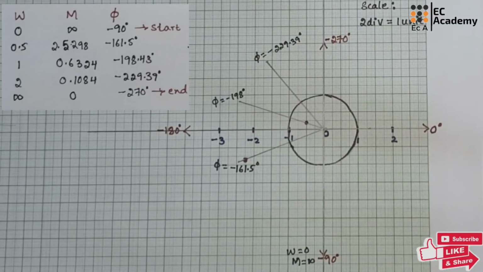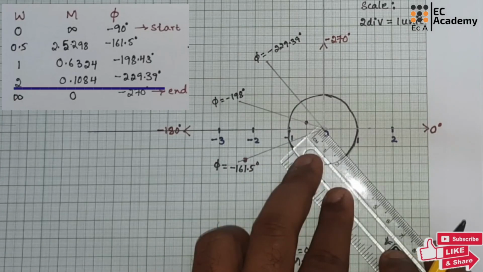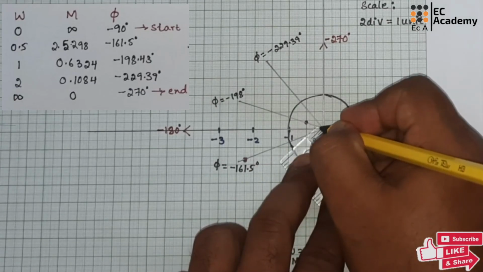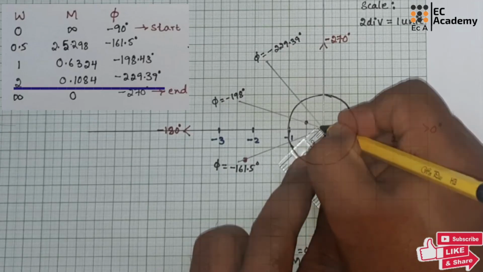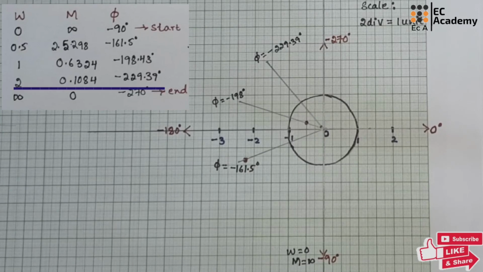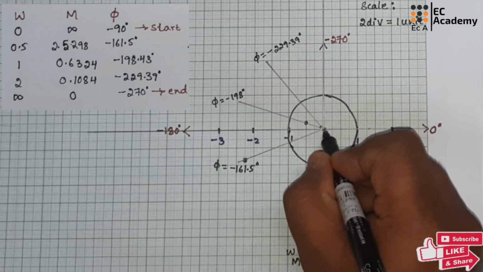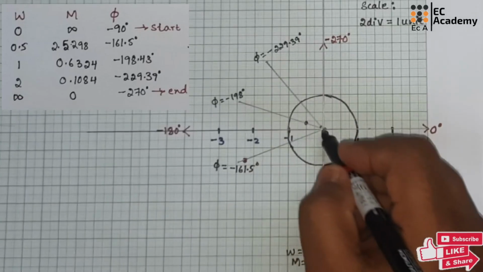On this line we need to mark the magnitude, which is approximately 0.1084. So 0.1084 multiplied with 1.8 centimeter gives approximately 0.2 on this tangent line. Let us mark that one. And for omega is equal to infinity, we will get phase as minus 270 and magnitude as 0.